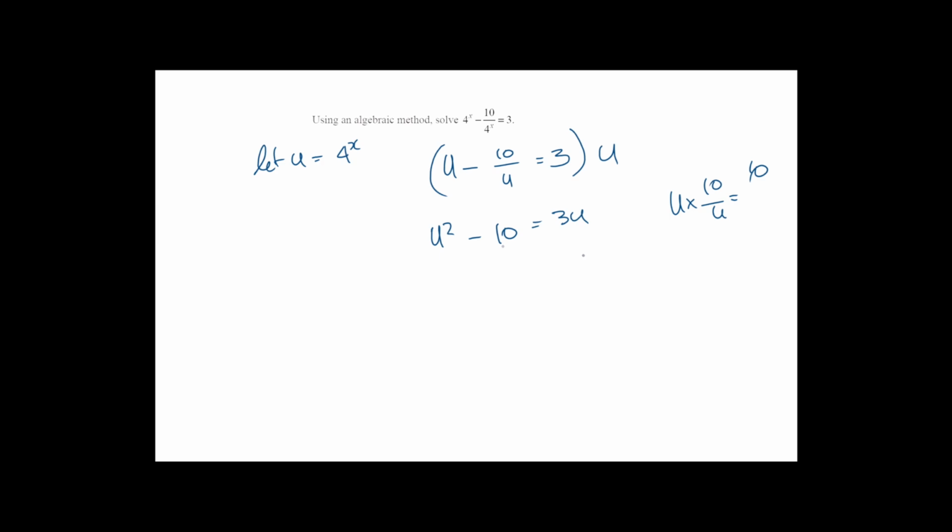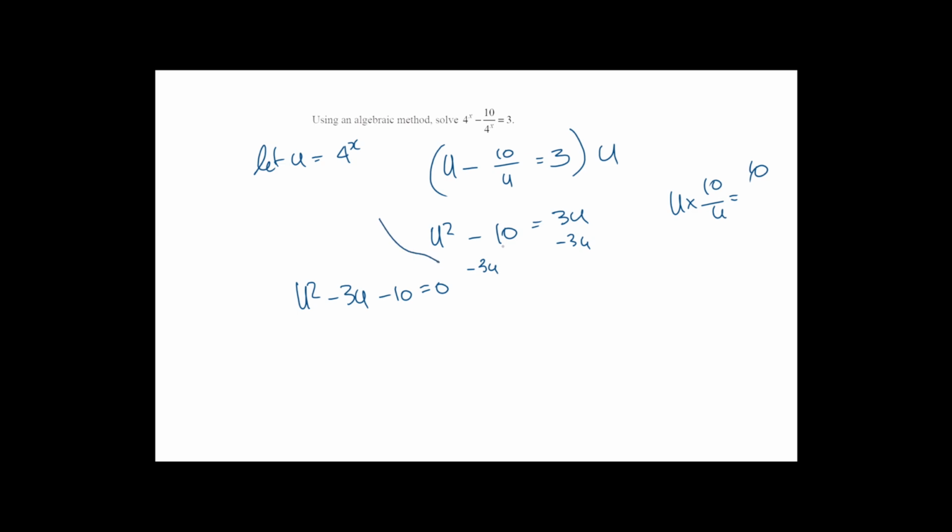Makes sense? Yes, it does. So let's take 3u from both sides. Now we have u squared minus 3u minus 10 equals 0.